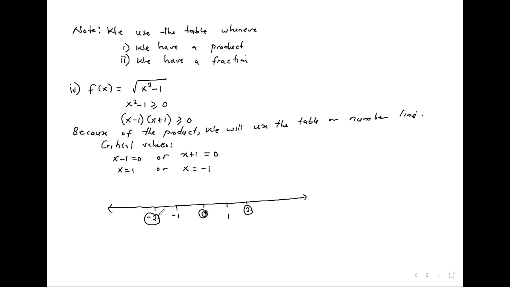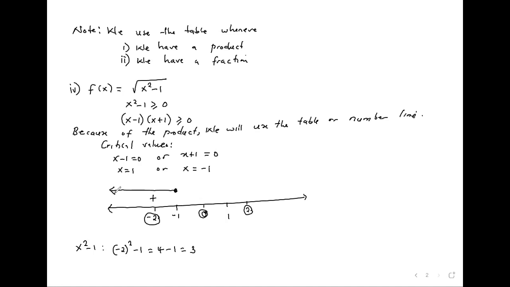And then get the whole thing, x squared minus 1. When x is -2, we are going to have -2 squared minus 1, which is 4 minus 1, which is 3. It is positive. So meaning it's positive from here going this side. So I'm including the boundary numbers because I have greater or equal to.